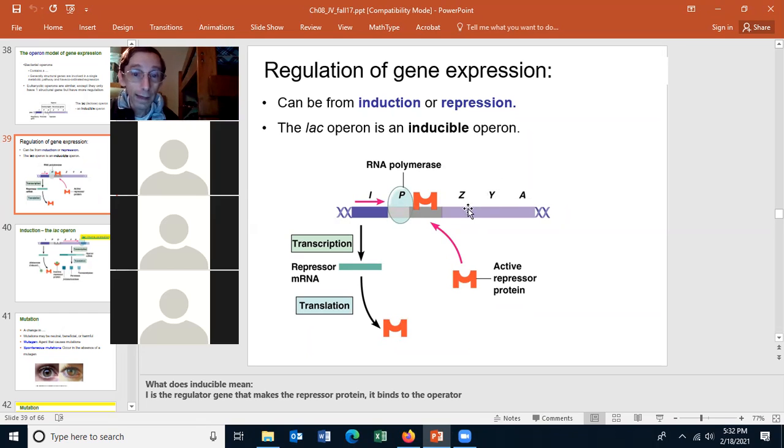So E. coli makes the repressor protein that then binds to the operator and shuts down the lac operon, because E. coli normally is not going to see the sugar lactose.